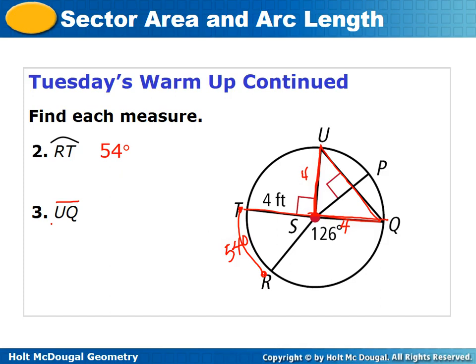And also, this is a right triangle. So if both of those are 4, then our hypotenuse would be 4 squared plus 4 squared, 16 plus 16. That would be 32. And remember, we got to take the square root of that to get the answer. So the answer for UQ is going to be 4 square root of 2, because 16 times 2 is 32.